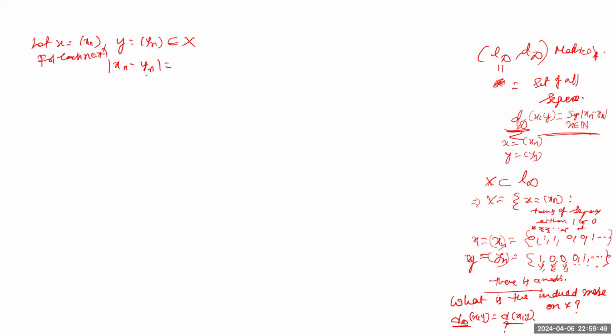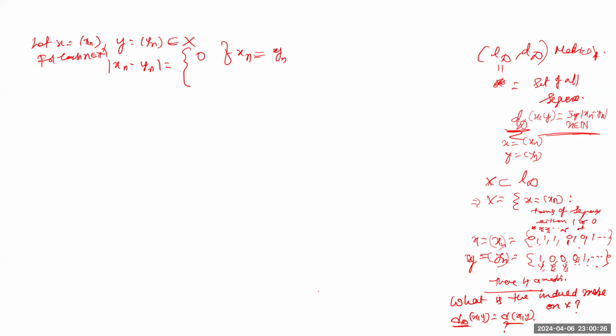This x_n minus y_n is equal to 0 if the nth term of the sequence x_n is equal to the nth term of the sequence y_n. For example, here the fourth term, both are equal. So that is 0.